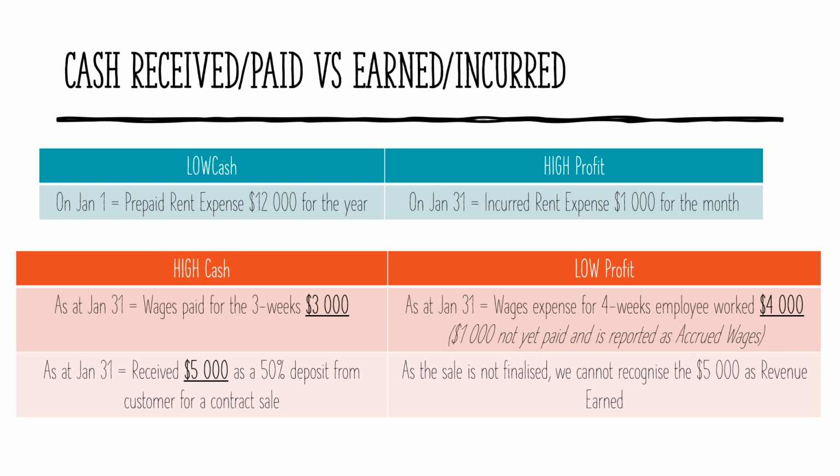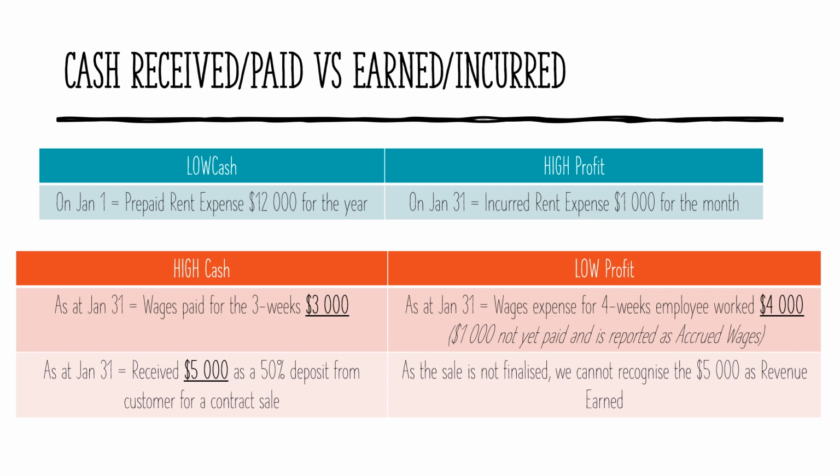In the second table, we have two examples that will lead to the business reporting high cash but low profit. So as at 31st of January, the wages expenses that are incurred for the 4 weeks that the employee has worked total to $4,000.